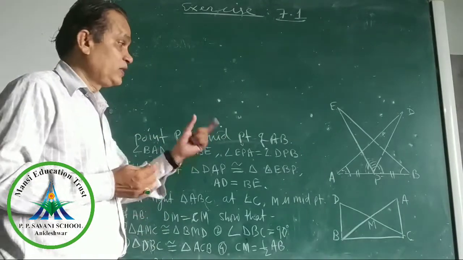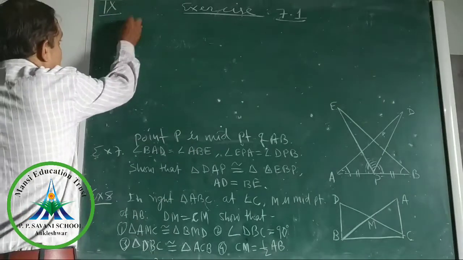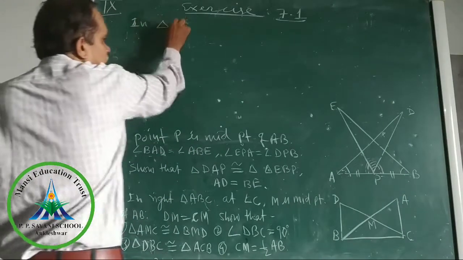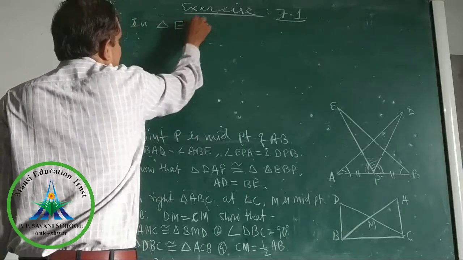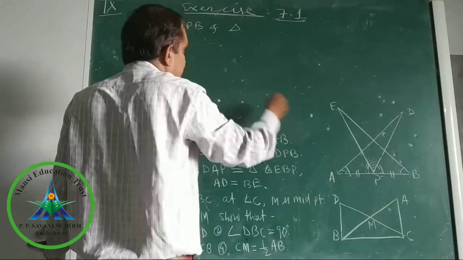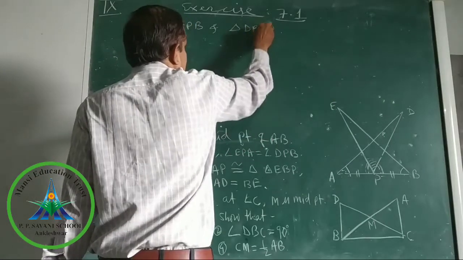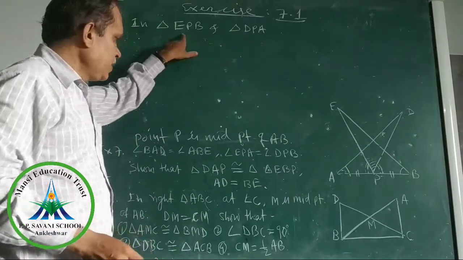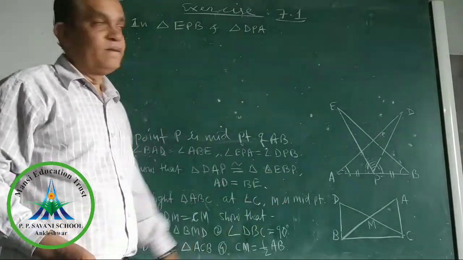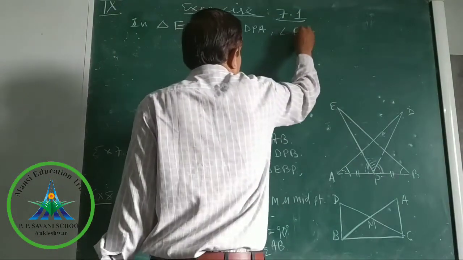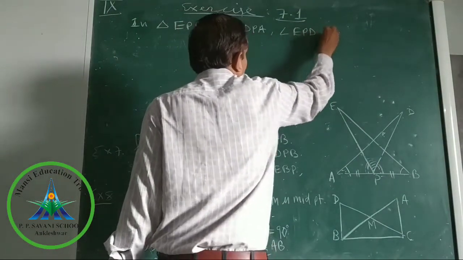Now see, we are reading now. In triangle EPB and triangle DPA, see, same triangle DAP, what is that DPA? EPB, what is that EBP? What is common? Angle EPD is common.